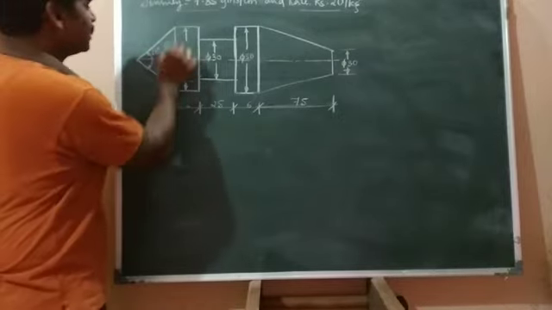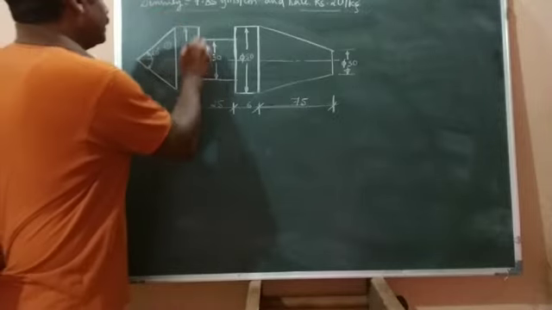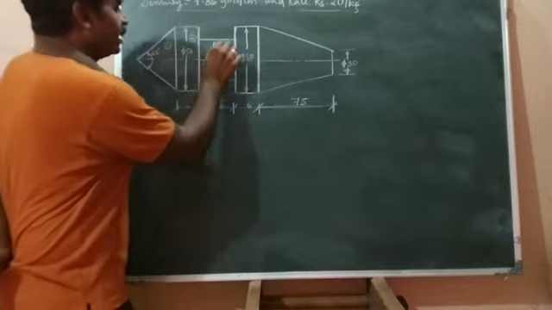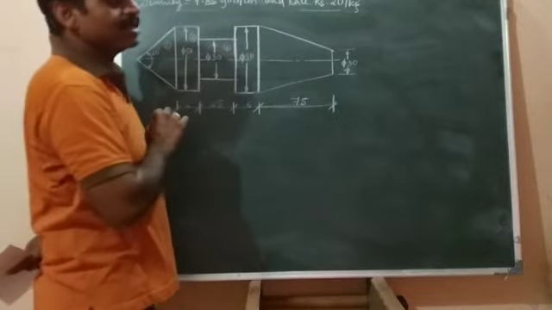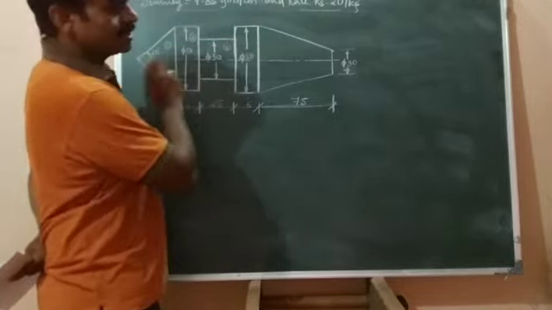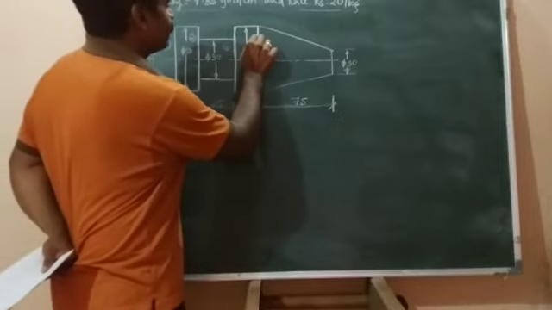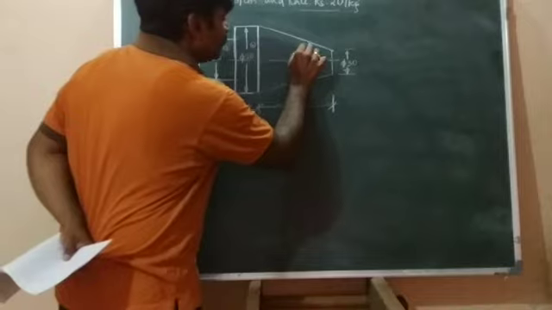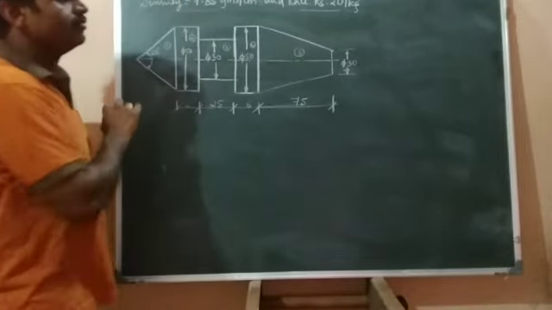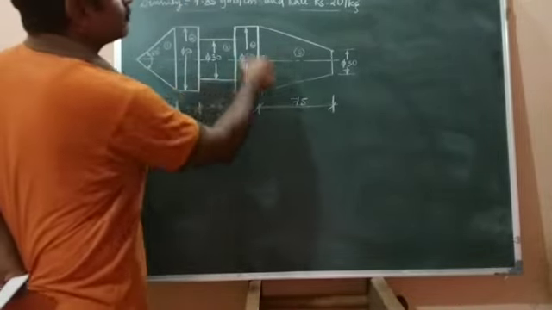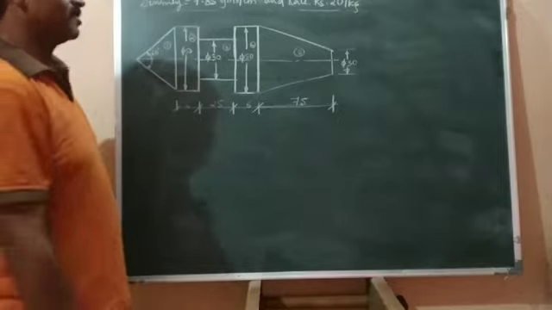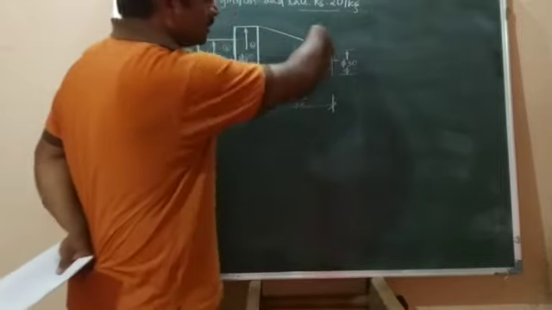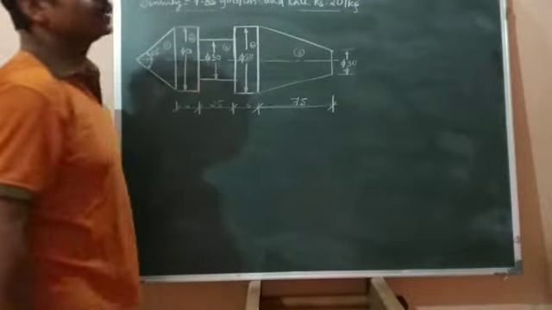So the first part is a right circular cone, and the second part is a solid cylinder, and the third part once again is a solid cylinder, having different diameters here, and fourth part is also a solid cylinder, and very important part, that is fifth part, that is frustum of cone here. So frustum of cone means if you extend this part, that will become cone, so that is cut here.